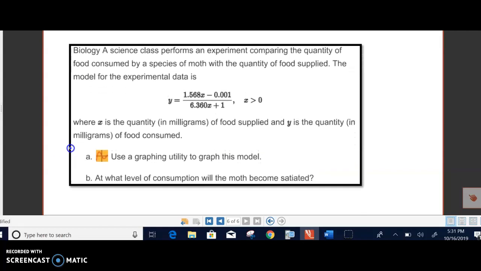You've got a moth that's consuming some food. And the question is, at what level of consumption will the moth be satiated? You can kind of play around with that one. I'm not going to work it out because I am running out of my 15-minute time slot.